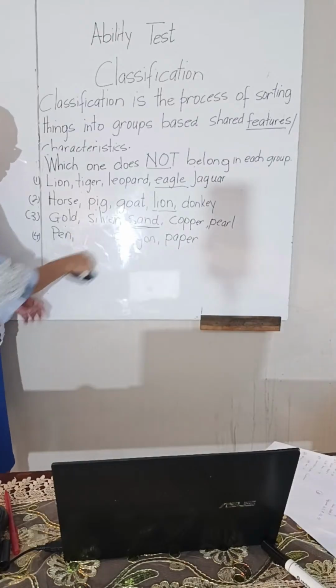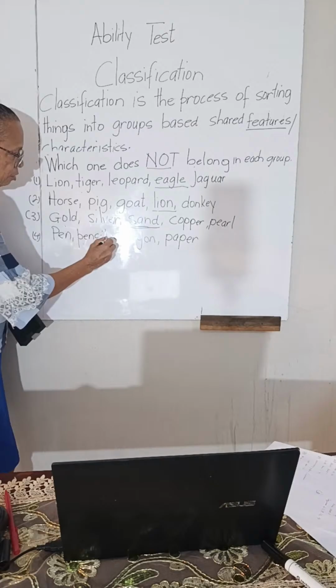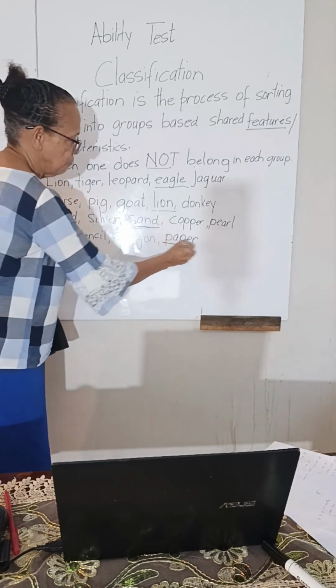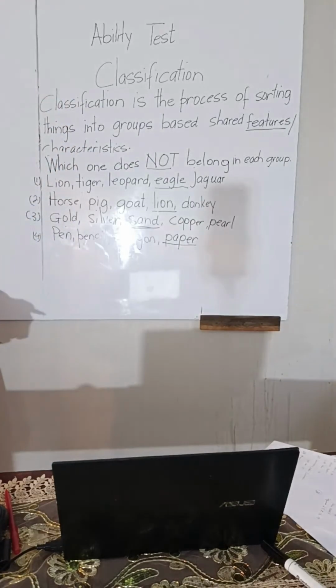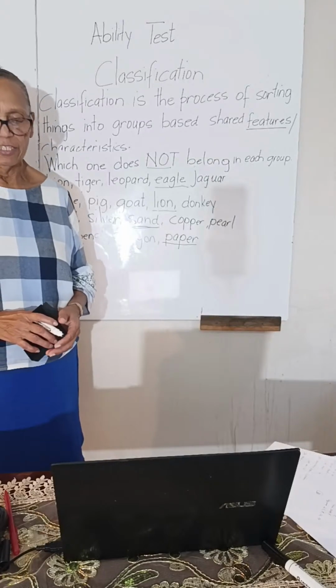Pen, pencil, crayon. These are for marking. This one is paper, this one is different. So when we look at finding the odd one, we are looking at the one that is different.